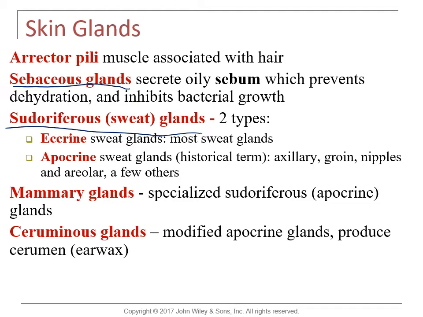We have the ceruminous glands, and we have the mammary glands. Also here we have the erector pili. This is a muscle which is associated with the hair. That's why if this is your skin, you can see your hair having this erect position.